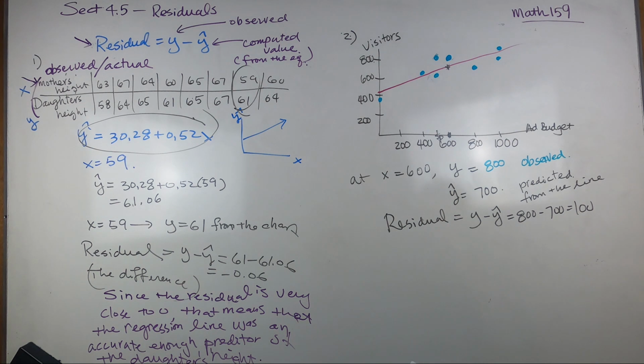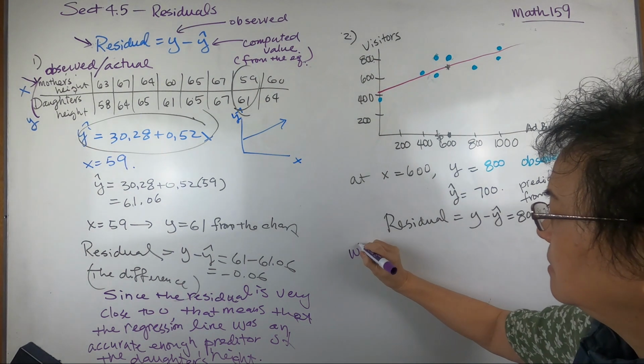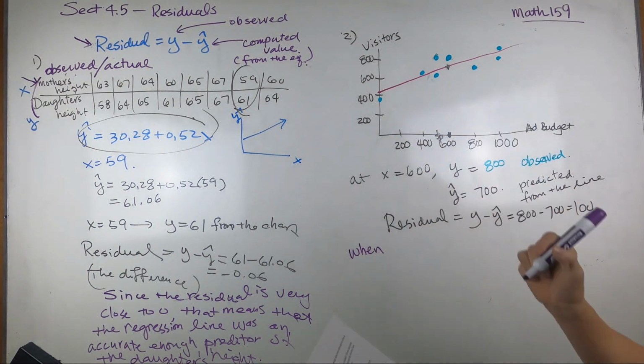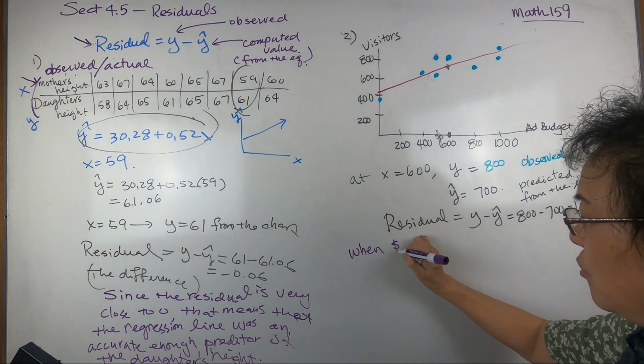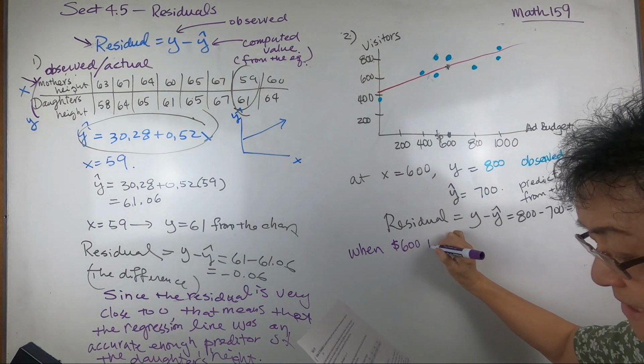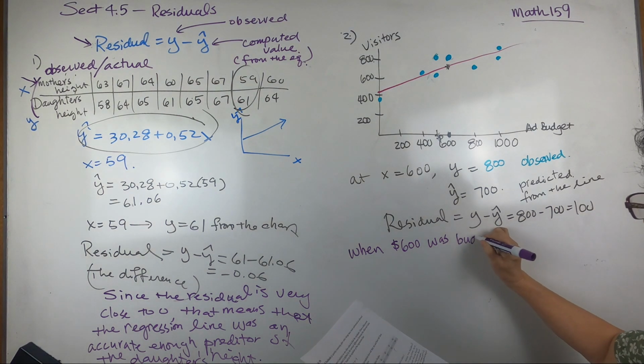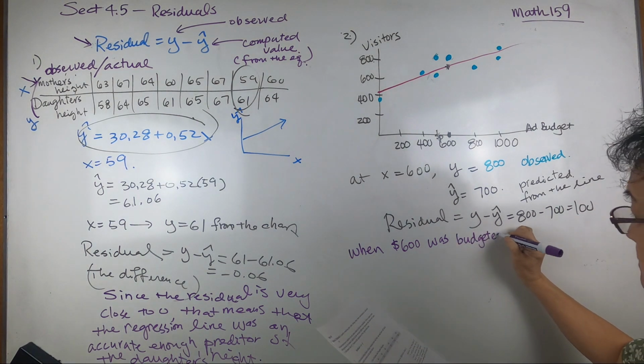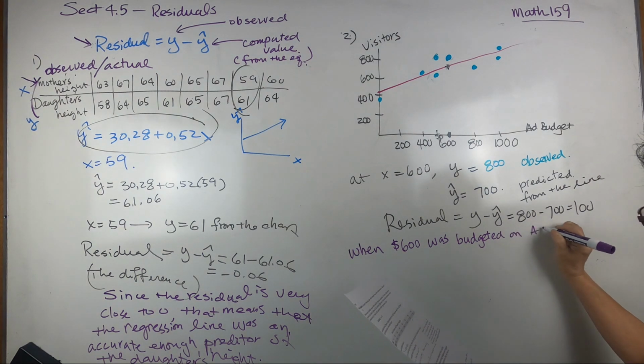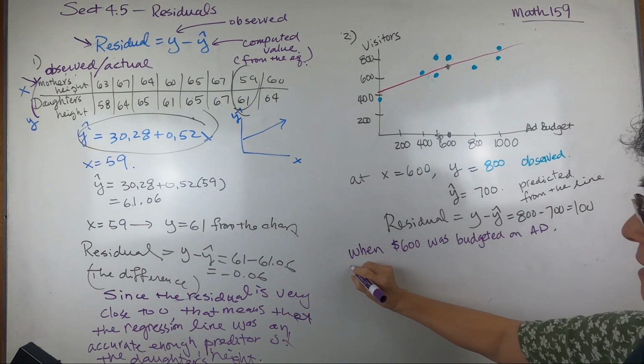So what does this graph tell you? When $600 was spent on the advertising budget, what happened?